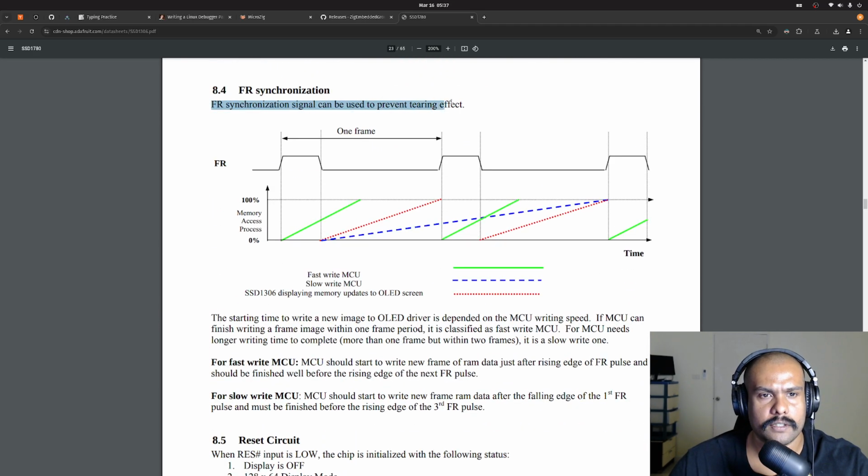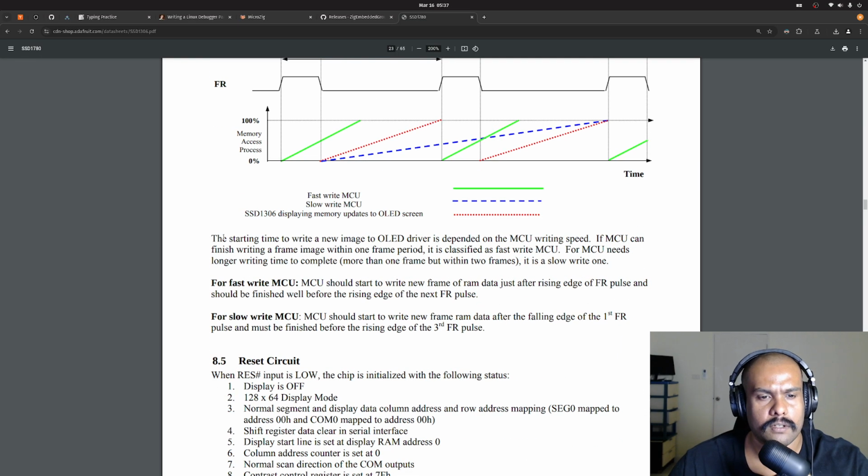FR synchronization. Starting time to write a new image to OLED driver is dependent on the MCU writing speed. If the MCU can finish writing a frame image within 1 frame period, it is classified as fast write MCU.